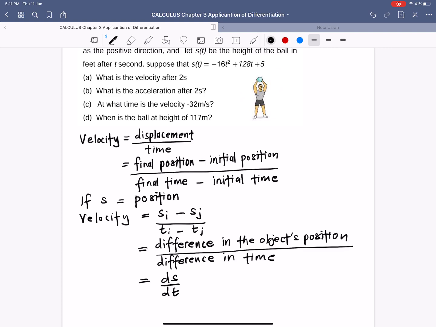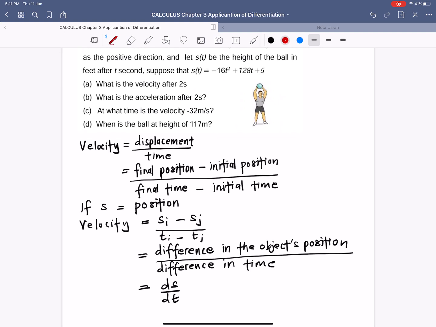So if you have S, which is the position, and in this question S is given by negative 16t squared plus 128t plus 5, then ds/dt is the velocity. So that is the concept of how from S we get V, the velocity.